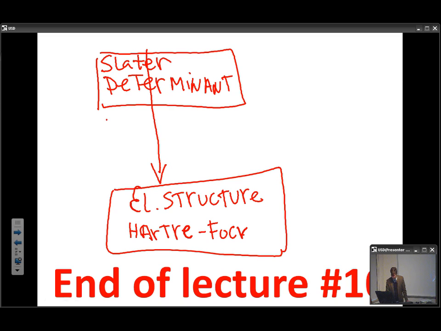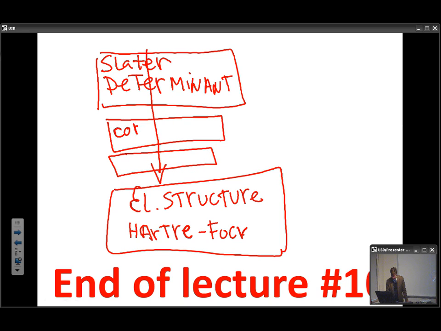There will be other roadblocks for correlation and exchange energy, which will take time: correlation, exchange, and the mean field concept.